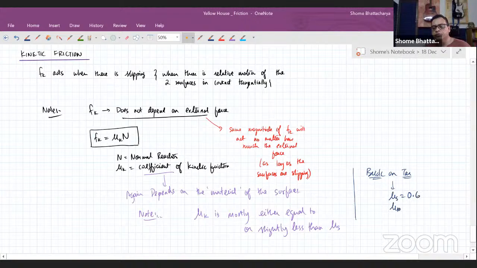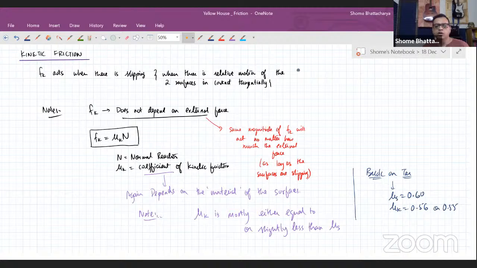Then typically the coefficient of kinetic friction will be something like 0.56 or 0.55, or may even be 0.6. So between the same two surfaces, whatever my μs value is, my μk will either be exactly the same or slightly less. It will never be the other way around, that μk is more and μs is less.